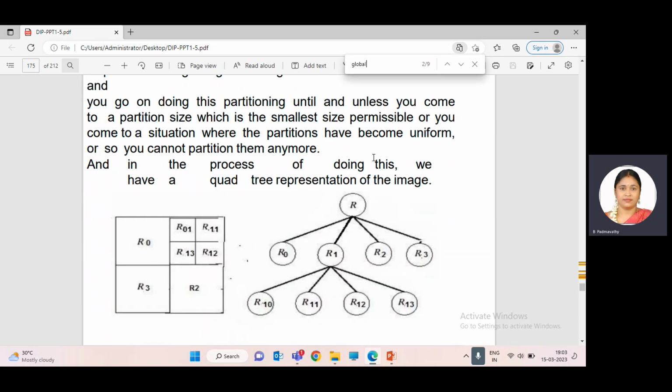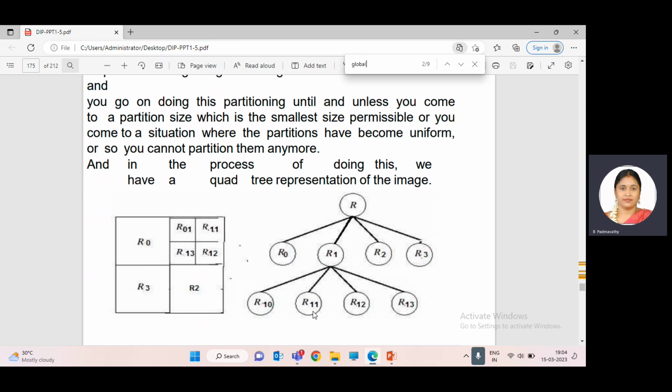So as we have seen in region splitting, in this figure you can see R is divided into R0, R1, R2, R3. And here I want to divide R1 again, so that R1 is divided into R10, R11, R12 and R13.